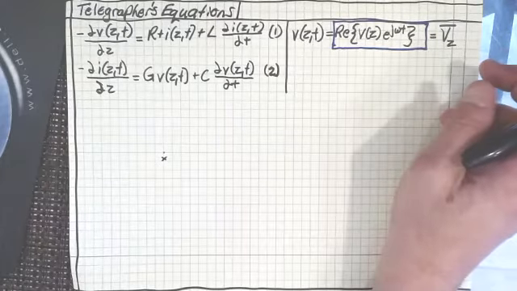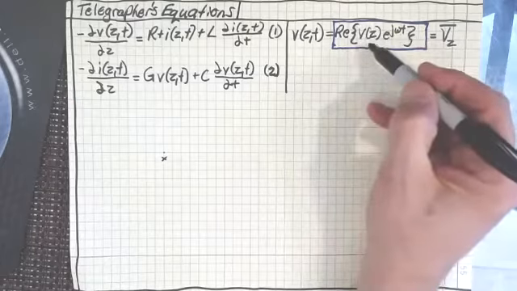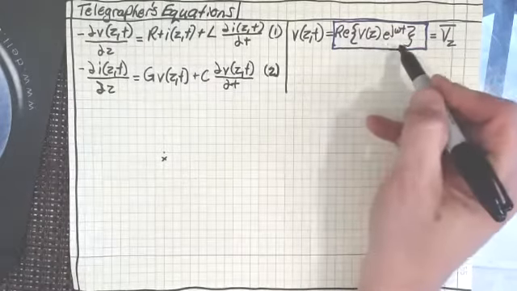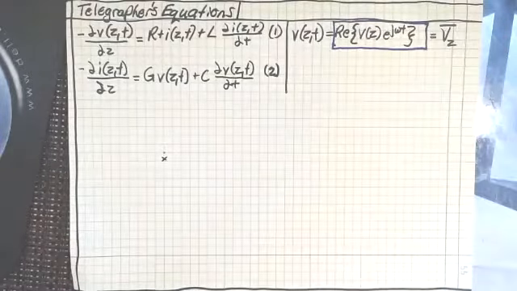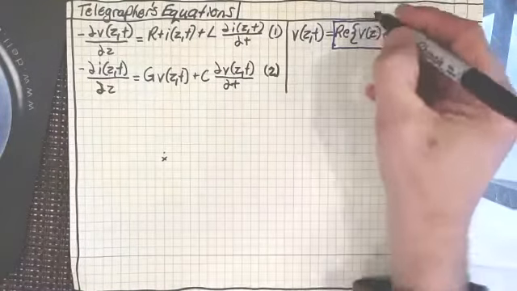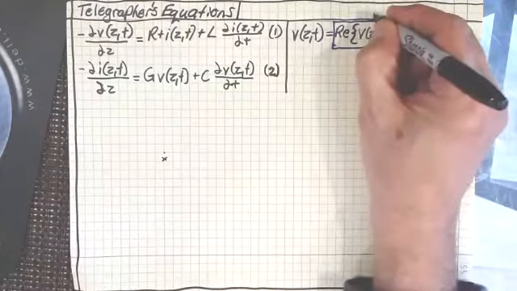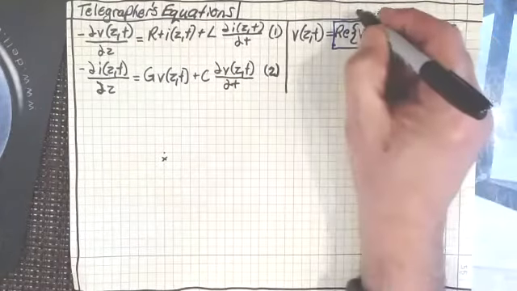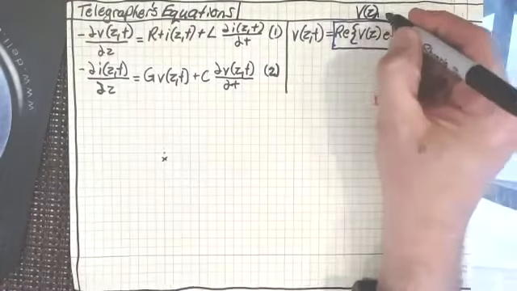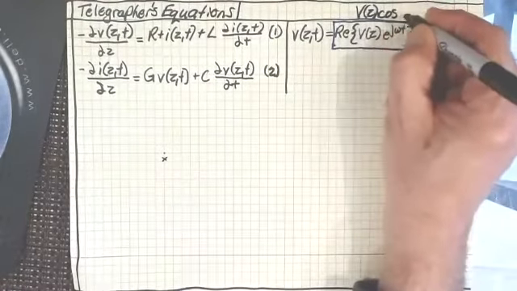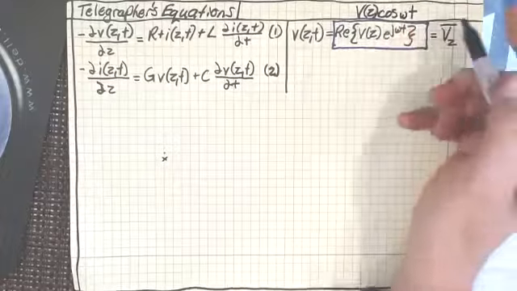All right? Now you could also say that this real part of V of Z, e to the j omega t, if I wanted to just write that, would be equal to V of Z cosine omega t. Does everyone see that?